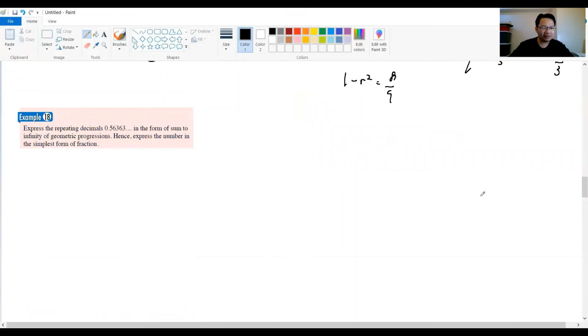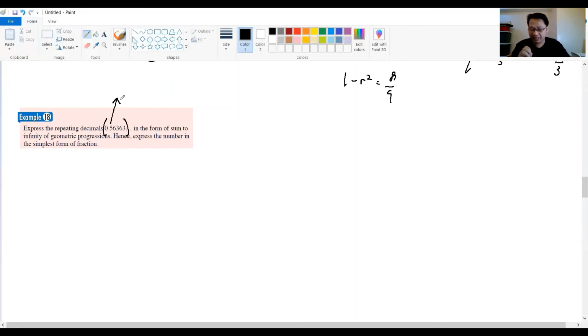Now example 18, what do we have here? Okay guys, example 18 is very interesting. Express the repeating decimal 0.5636363... in the form of the sum to infinity of a GP. Hence, express this number in the simplest form of fraction. What is the name of this decimal number?